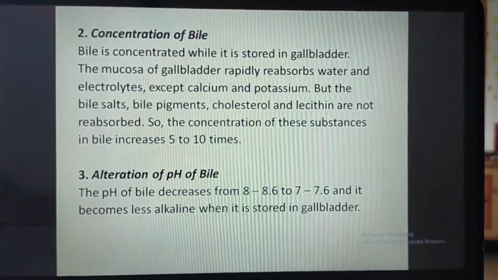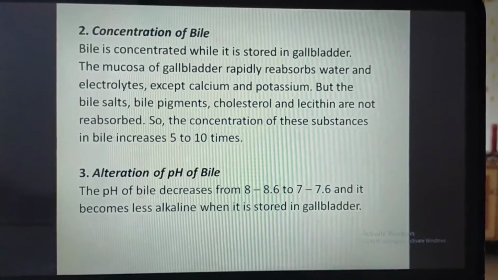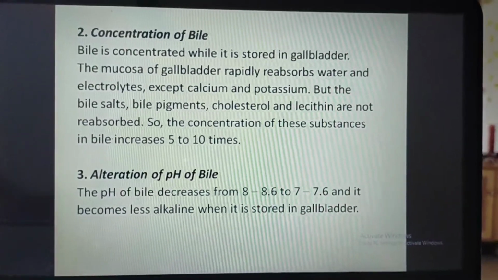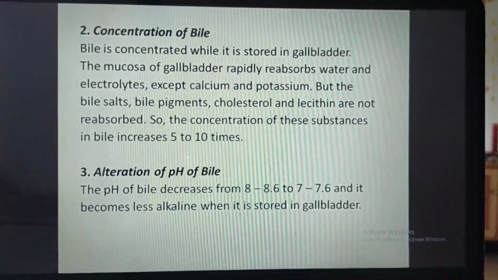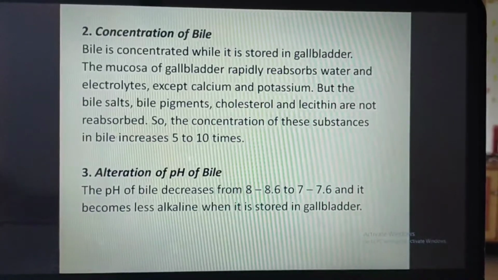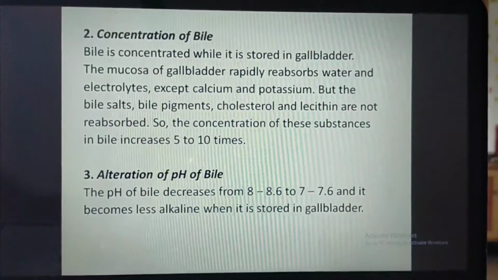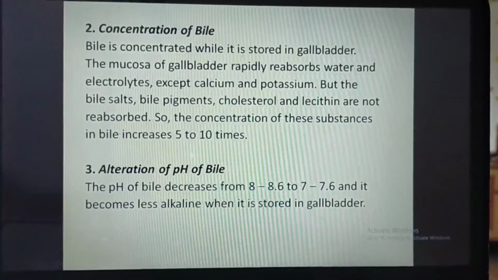Bile is concentrated while it is stored in gallbladder. The mucosa of gallbladder rapidly reabsorbs water and electrolytes, except calcium and potassium. But the bile salts, bile pigments, cholesterol, and lecithin are not reabsorbed. So the concentration of these substances in bile increases 5 to 10 times.